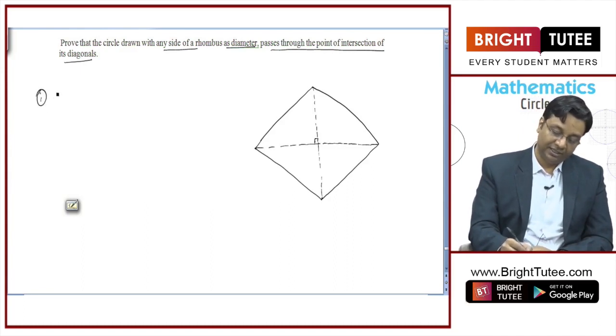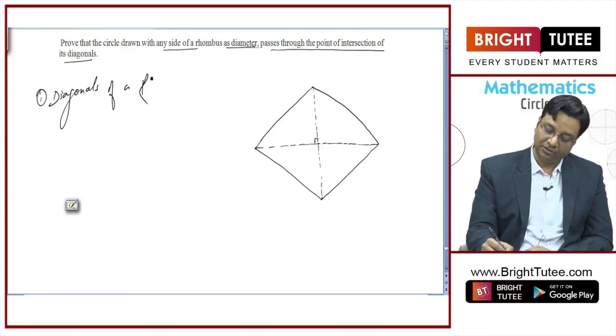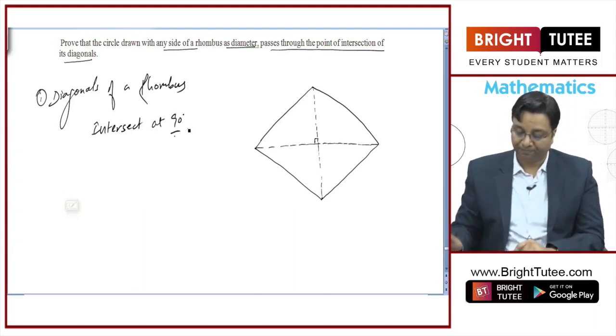So first statement, diagonals of a rhombus intersect at 90 degrees. This is the property of a rhombus.